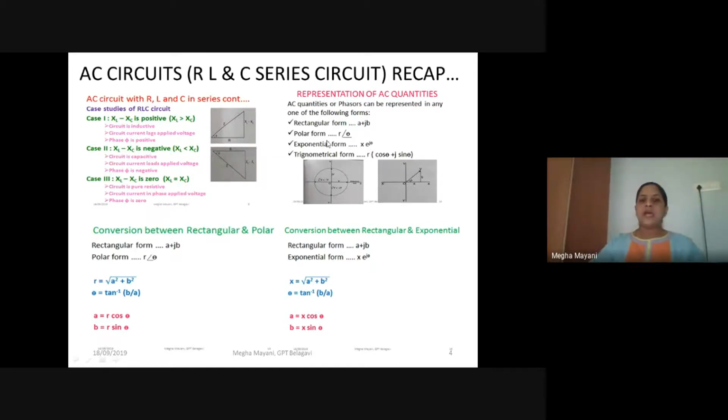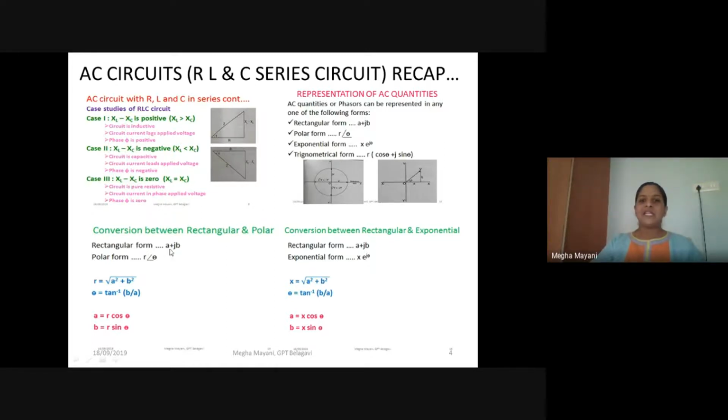Other than this, we have gone through a little bit of the math part of AC quantities. Any AC quantity, as we have seen, can be represented with the help of phasors. These phasors are nothing but vectors, and we have four standard representations for the vectors, namely rectangular form, polar form, exponential form, and trigonometric form.